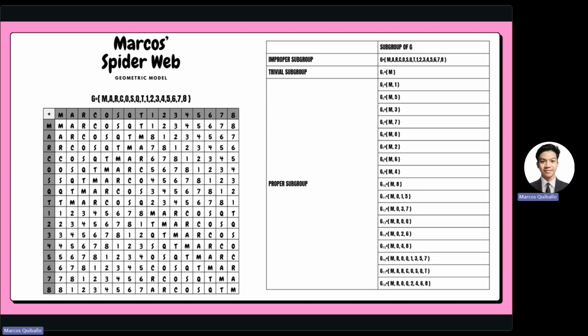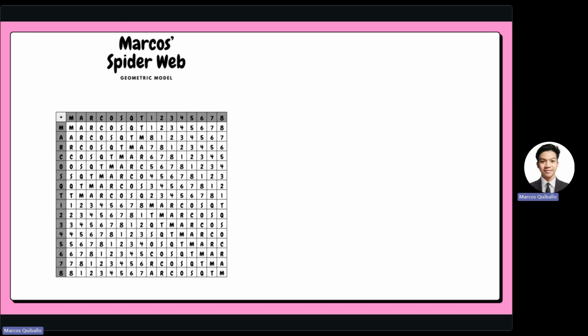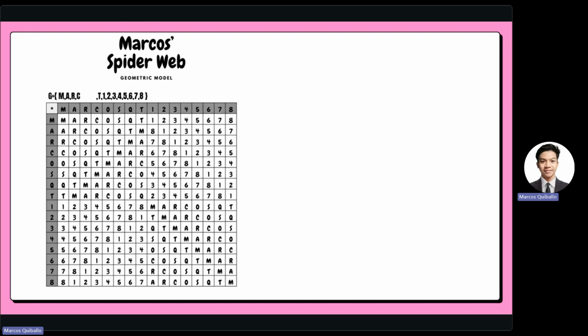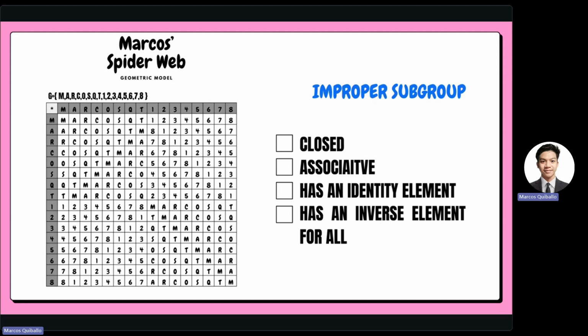For a subgroup, we must verify if it is closed, associative, has an identity element, and has an inverse element for all, to conclude that this subset of G is a group also.